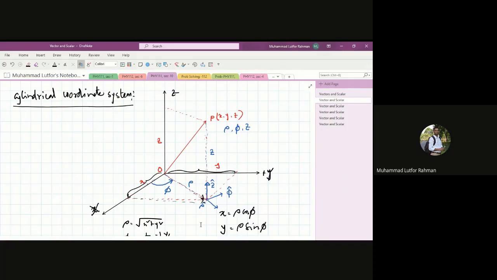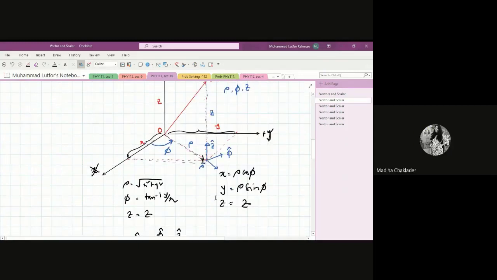And also for electrical engineers, when they learn about waves and fields, they also have to deal with these two coordinate systems, cylindrical and spherical. Also for the math department. Physicists and mathematicians will learn this.